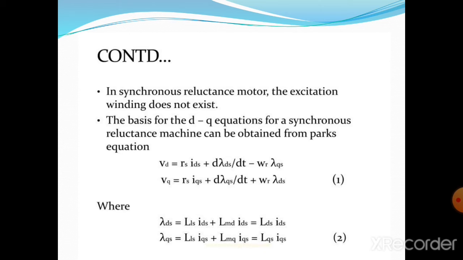In this, it's an important point. In synchronous reluctance motor, the excitation winding does not exist, so we have derived the equation. The basic form of dq equations for a synchronous reluctance machine can be obtained from Park's equation.